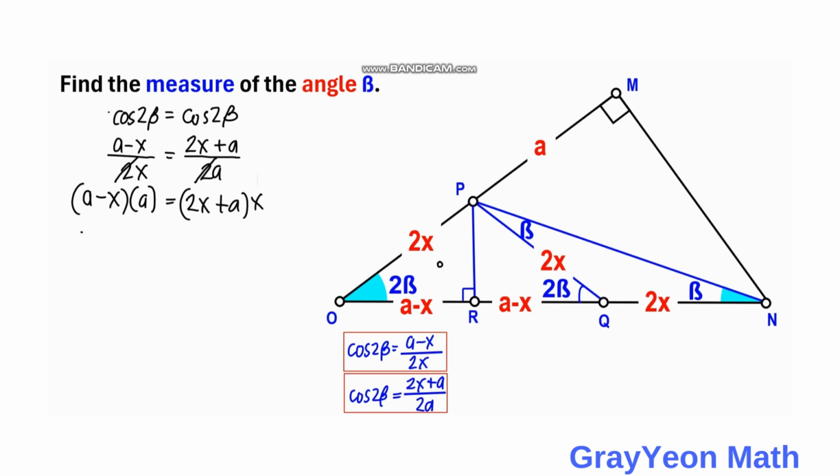This gives us a squared minus ax equals 2x squared plus ax.